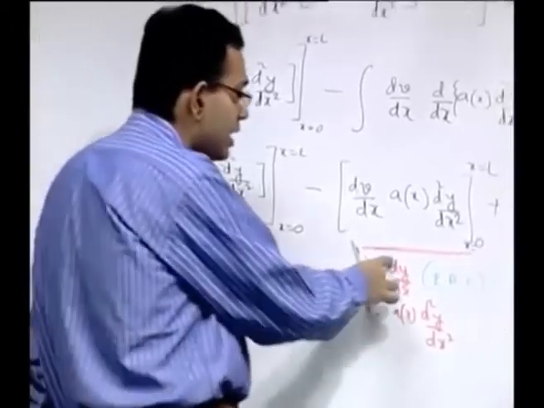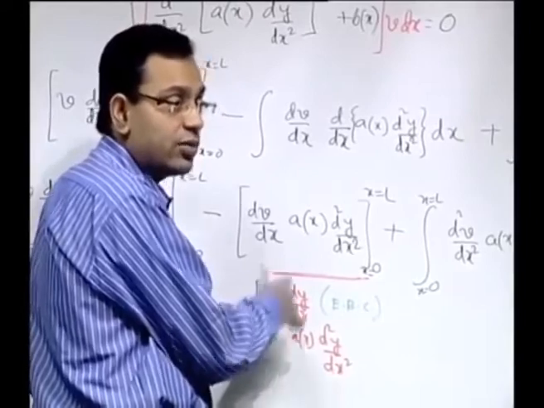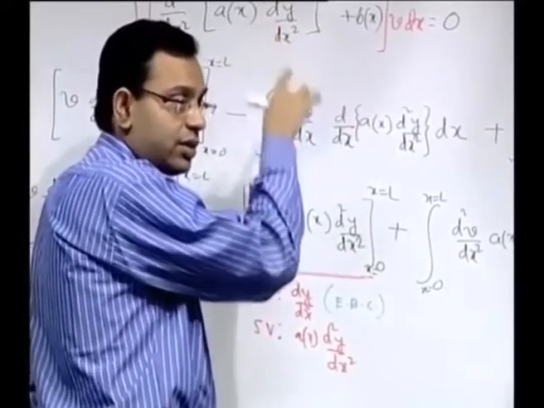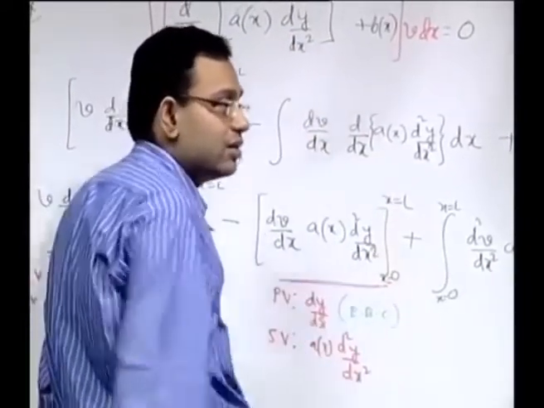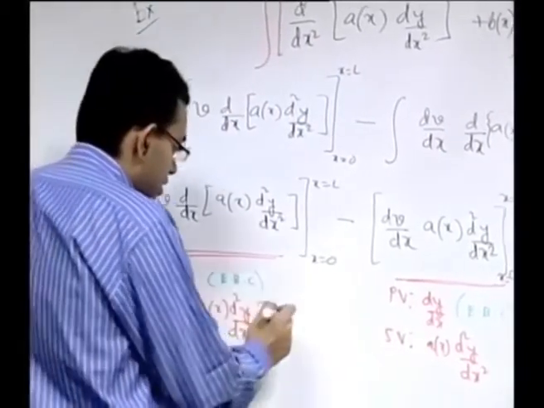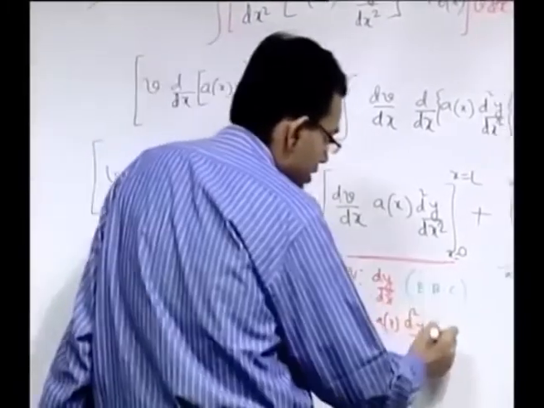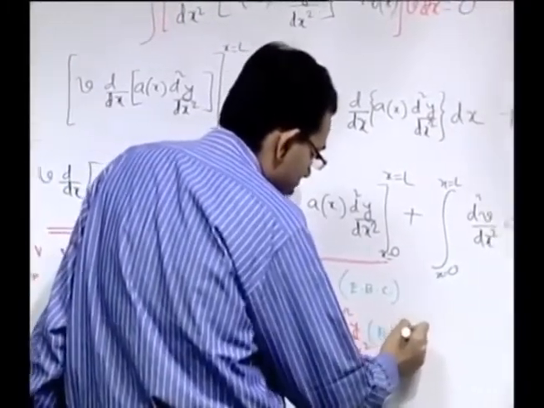So you can get one important understanding that specifying the derivative is not necessarily natural boundary condition. That was a second order derivative problem, this is a fourth order differential equation problem, and specifying this is a natural boundary condition. So these are natural boundary conditions.